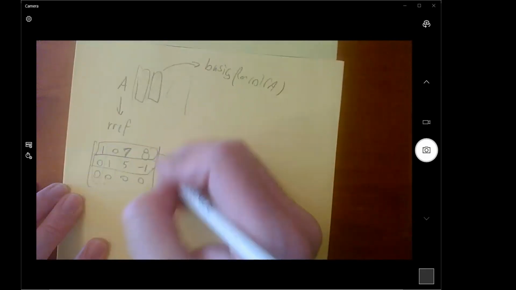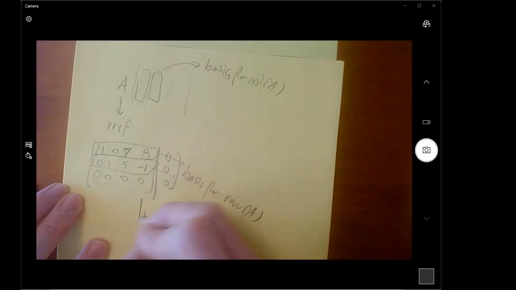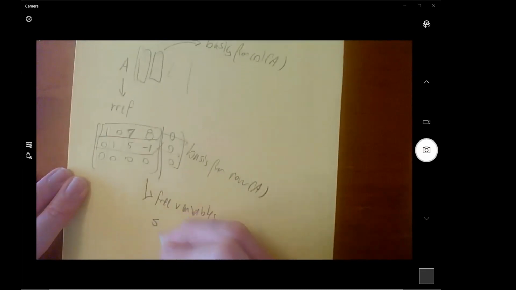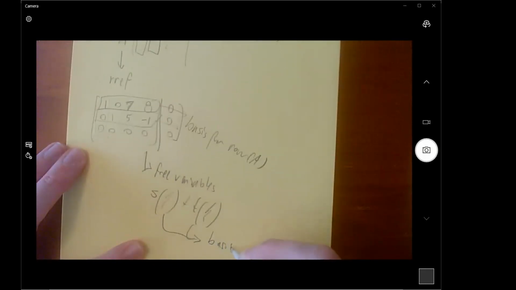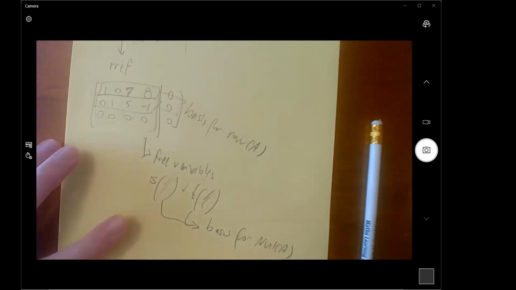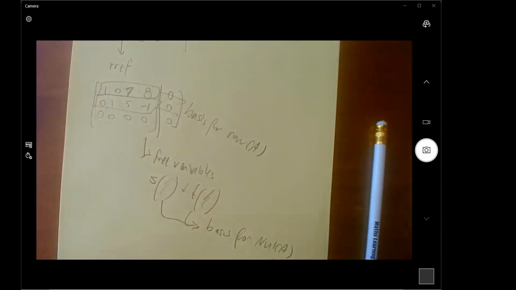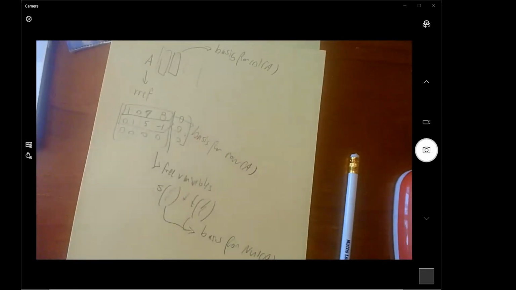And then finally, if you chuck in your 0, 0, 0 and do free variables, so that you end up with something like S of something plus T of something, they are a basis for the null space. So those are the 3 bases that you can find from doing the reduced row echelon form of a matrix.